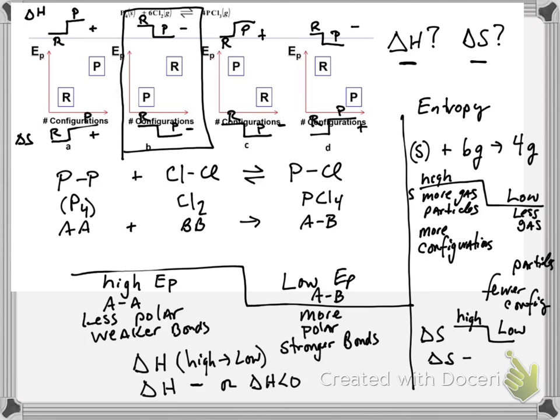So delta H negative, delta S negative. And so constructing arguments on how you picked a PEC diagram, what it is about the reaction that leads to your energetic analysis and entropic analysis, is a very good practice.